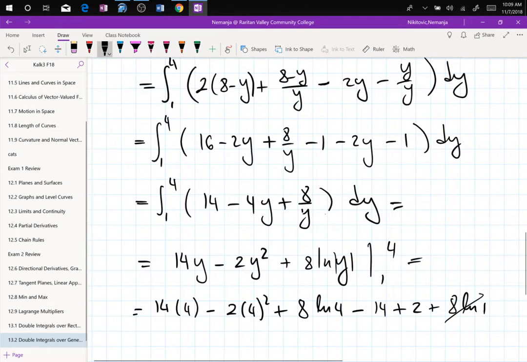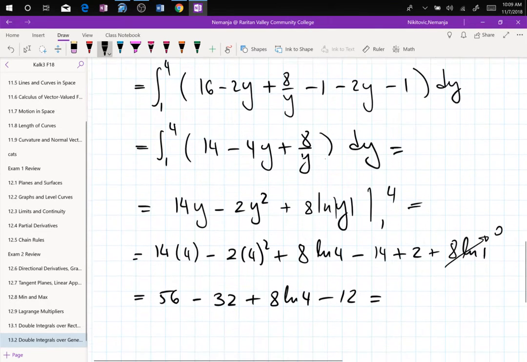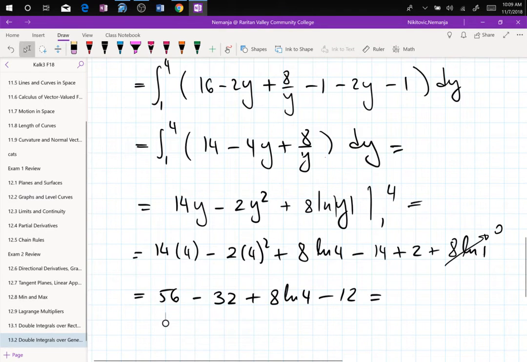So this term dies. 14 times 4, very good, minus 32 plus 8 ln 4 minus 12, whatever, calculate something. 56 minus 32 is 24 minus 12, 12, so this is 12 plus 8 ln 4.